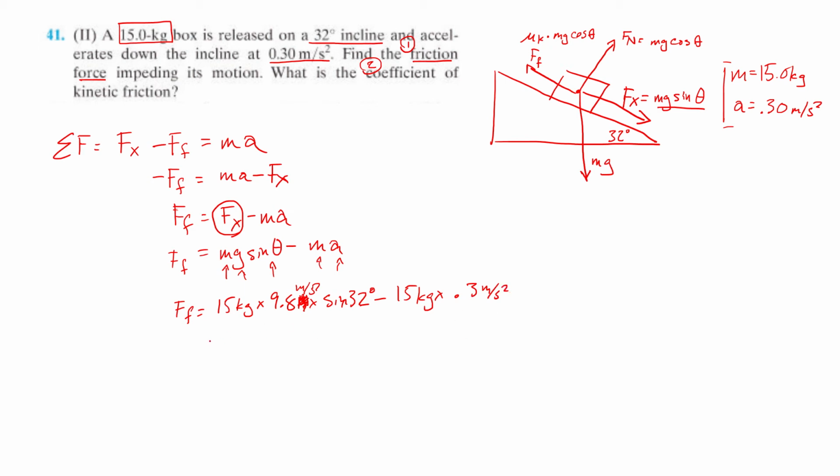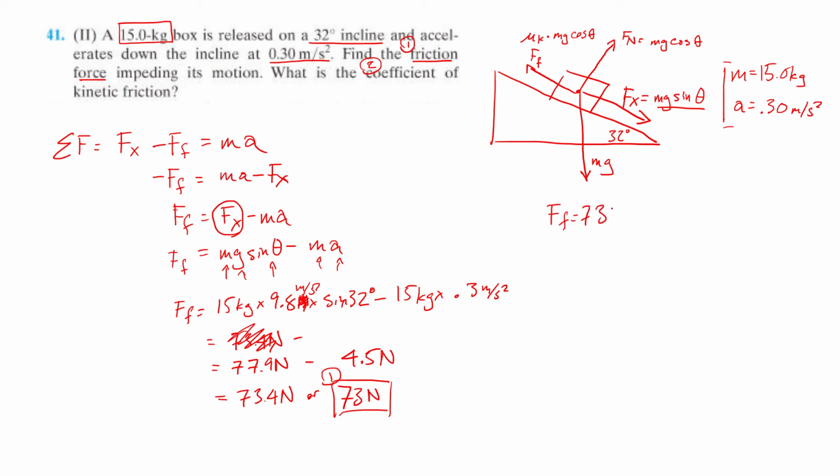So this becomes 77.9 newtons minus 4.5 newtons. When you tally that together, you get 73.4 newtons, or down to 2 sig figs, 73 newtons. Awesome. That is part one. The friction is equal to 73 newtons.